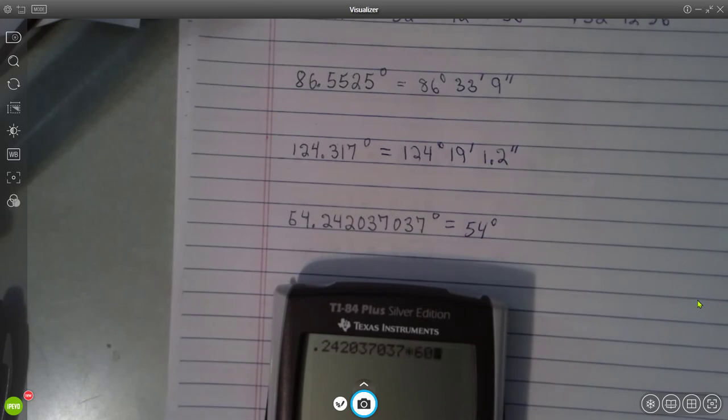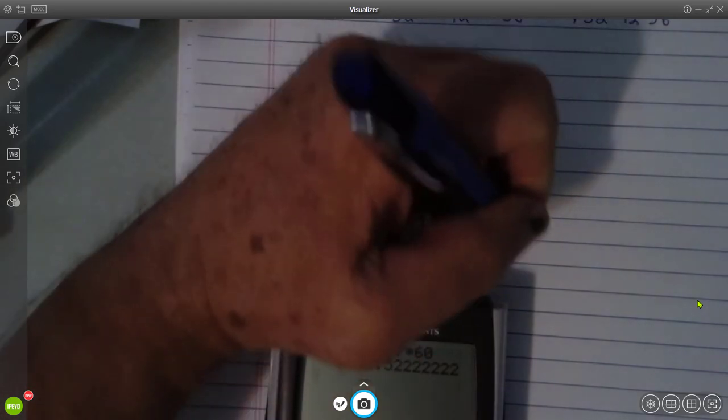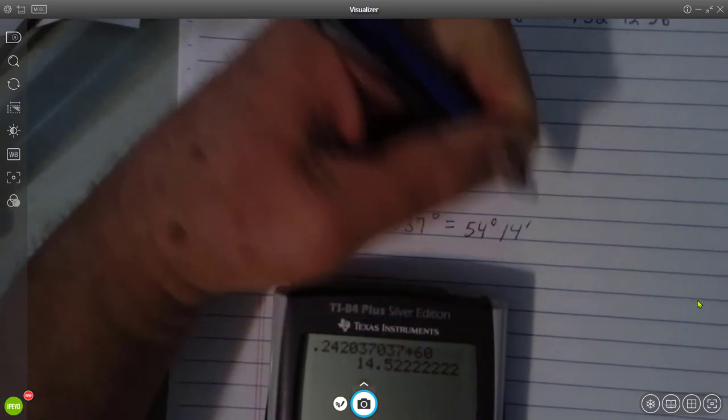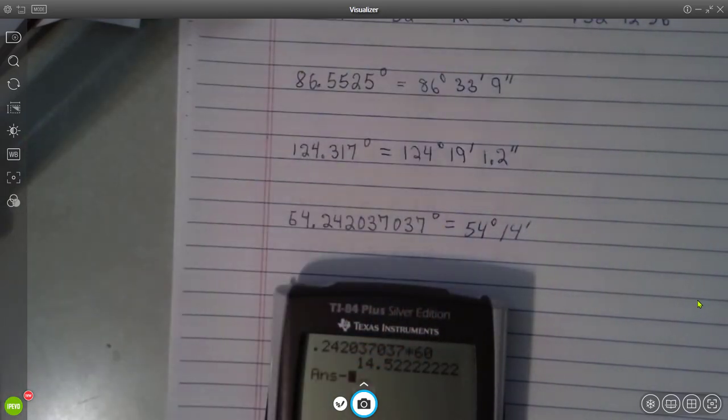How many 60ths do we have in that? Well, we have 14. And it's easier to subtract 14 than it is to enter that remainder.